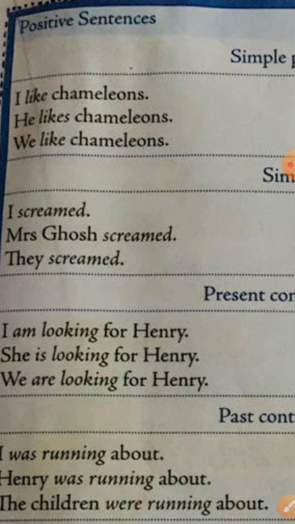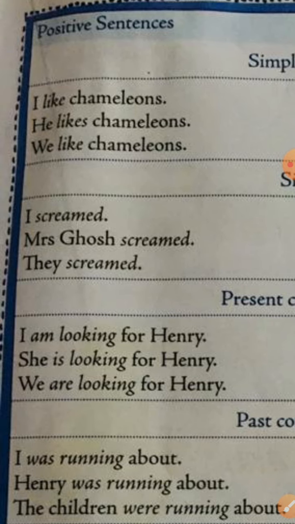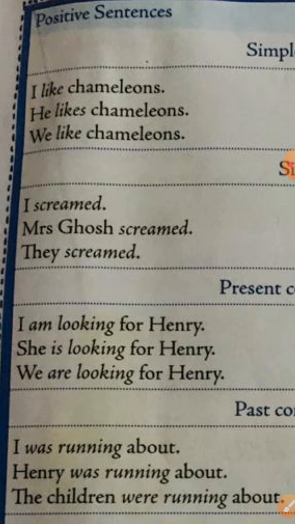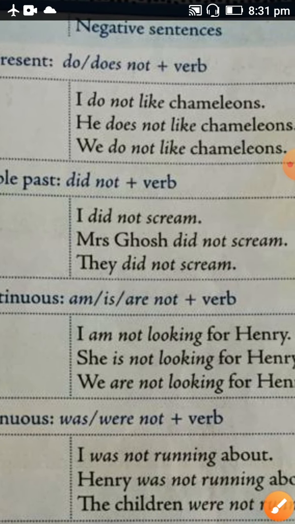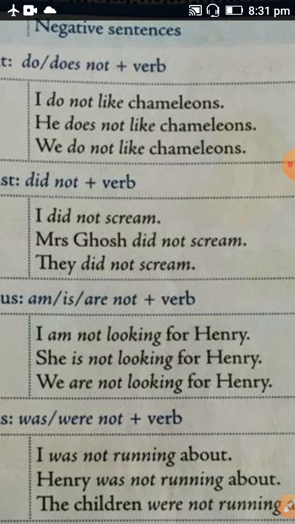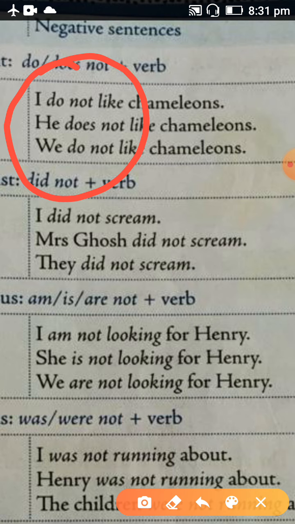I think I have told you before also that whenever we have first form with S or with a singular subject, we use does not, and whenever we have first form with a plural subject, we use do not to make a negative sentence. So here are the examples. You can see: I don't like chameleons, he does not like chameleons, and we do not like chameleons. So according to the subject, here we can see clearly the division of verbs.